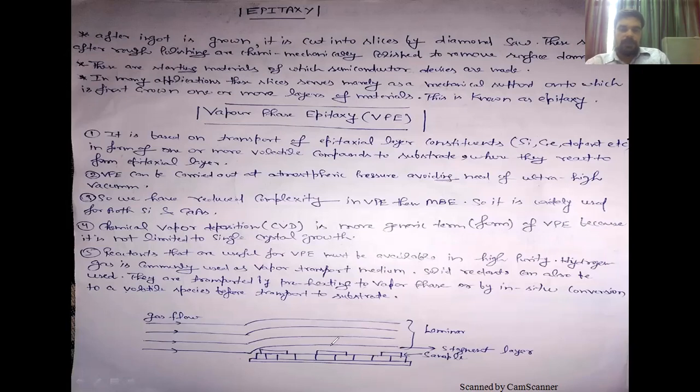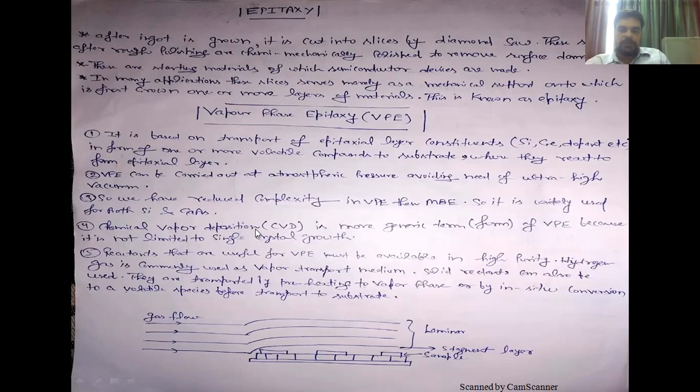Now if the velocity is zero, what will happen? If the velocity of gas flow is almost zero near the sample, whatever constituents are there in the gas flow are not moving.